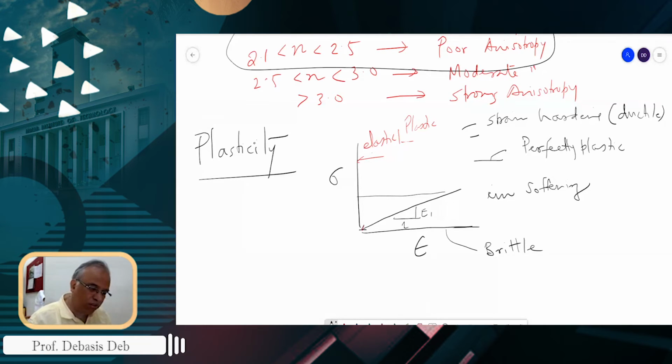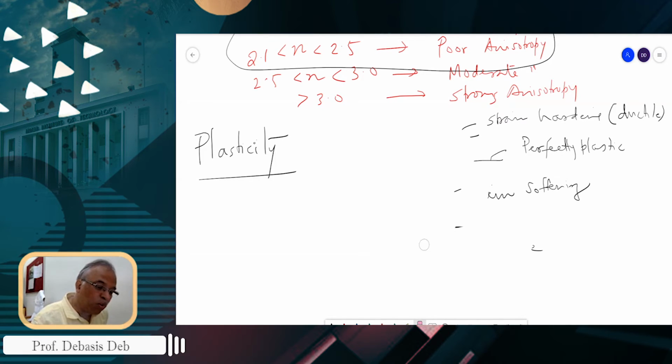But once it crosses that value, we normally say it is going towards plasticity, or it has entered into a plastic behavior. Okay. Now I am going to draw that for you so that you understand what happens when the material crosses that limit.